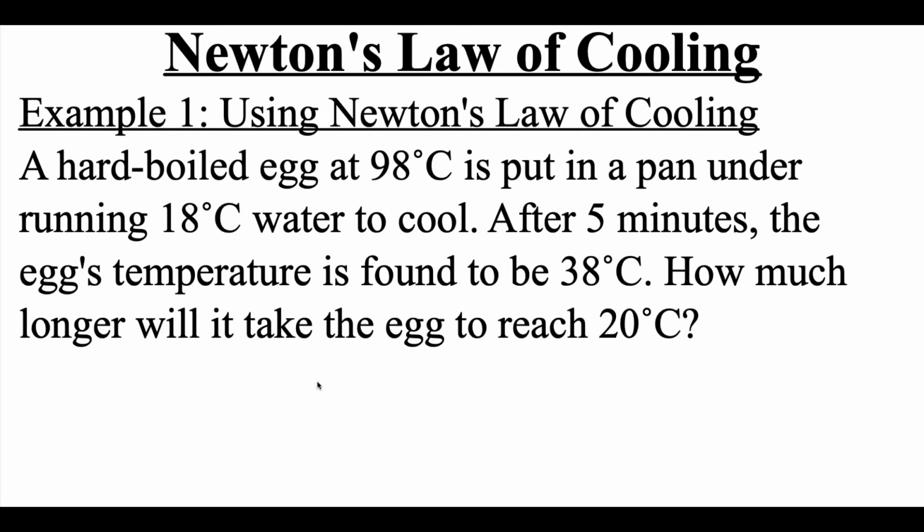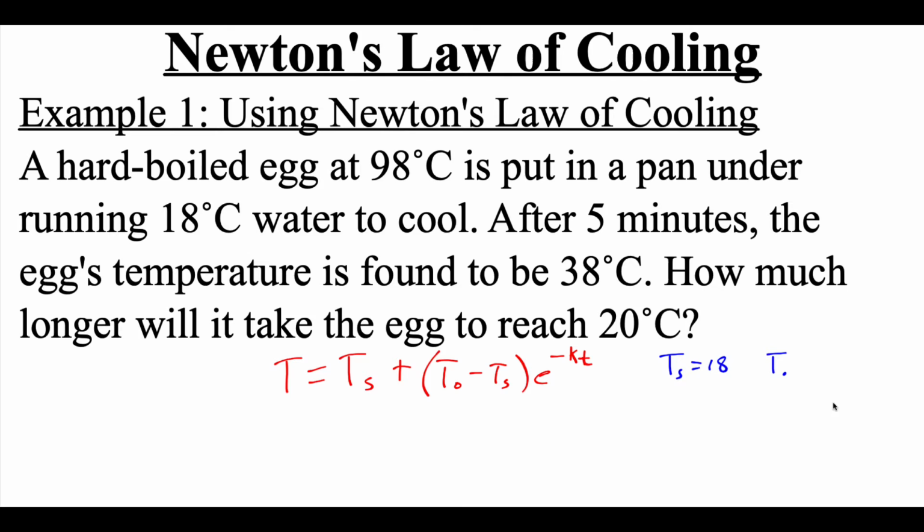So we're going to use that Newton's law of cooling. T equals T sub s plus T sub 0 minus T sub s e to the negative kt. Now, using the information that we know from the problem, the surrounding temperature is the temperature of the water that's running over the egg. So we're going to let T sub s be that 18 degrees Celsius.